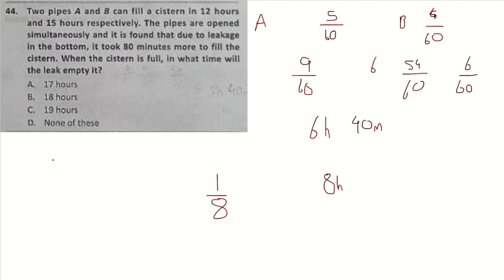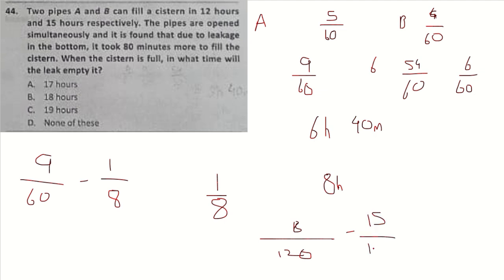So the work done by the leakage per hour is 9/60 minus 1/8, which is 18/120 minus 15/120. That is 3/120, that is 1/40. So the leakage drains 1/40th of the cistern per hour. That means it will take 40 hours to drain the entire cistern once it's filled. That is not in the options. Answer is option D, none of these.